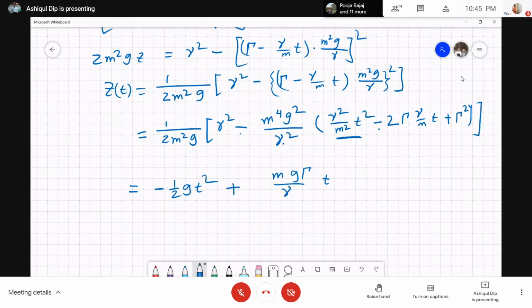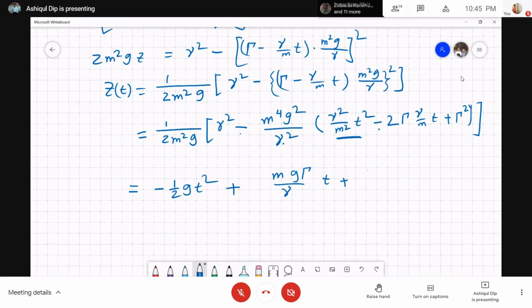And then finally, gamma square plus gamma square by 2 m square, small gamma square, right? Yes, small gamma square. I'm doing the algebra. Here you just multiply.